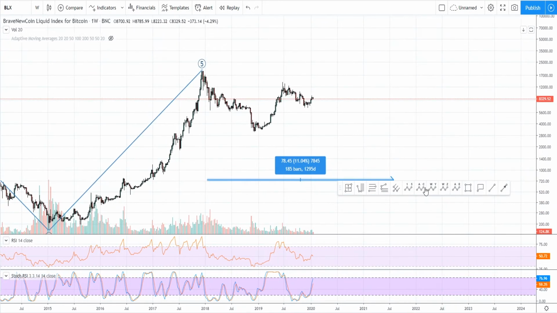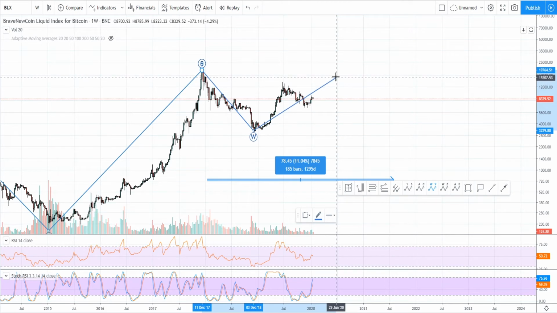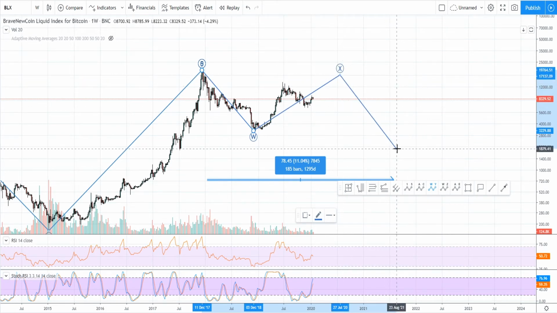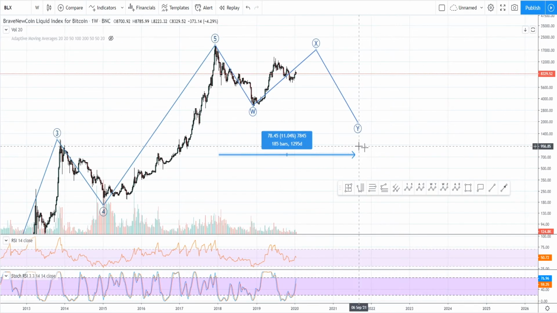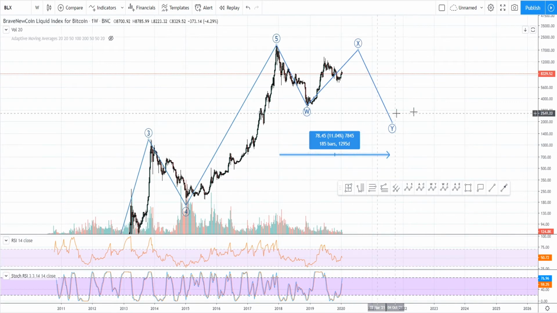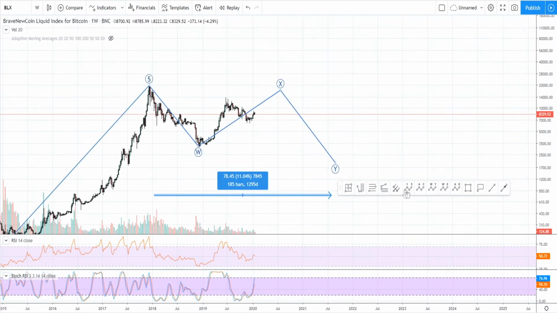If we apply our count on this, so a major W, major X like this, which could still take a while, and then a major Y. So time-wise, this would fit very, very nicely, right? Let me redraw the ABC as well here.